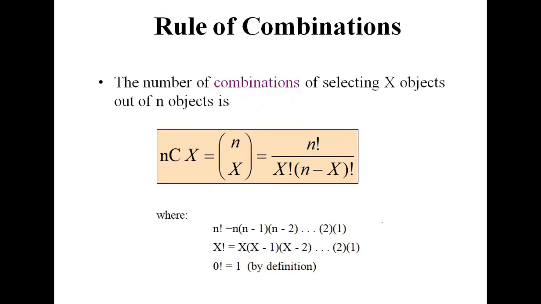And the rule of combinations is nCx, with n factorial and x factorial, equal to n factorial divided by x factorial times (n minus x) factorial. Factorial means that, for example, 3 factorial is 3 times 2 times 1.